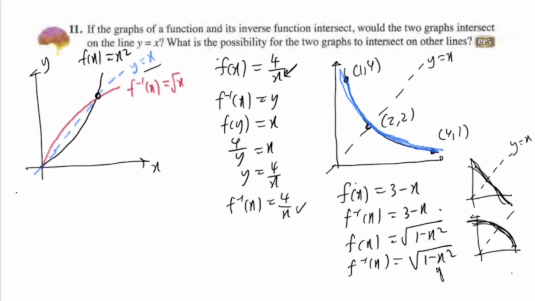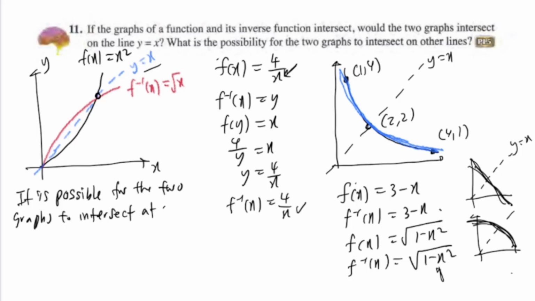We say that it is possible. I'll say it is possible for the two graphs to intersect at other lines. Yeah, other lines.